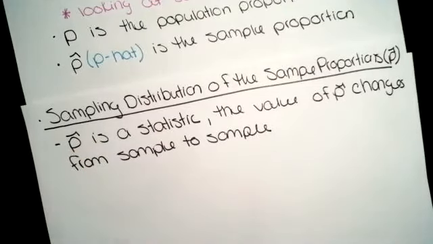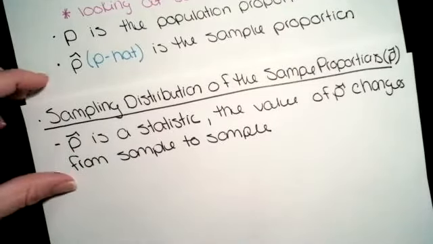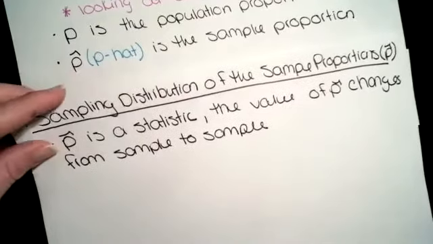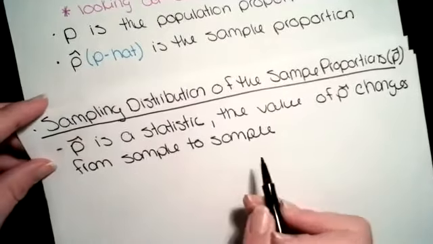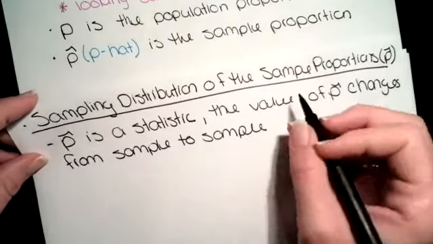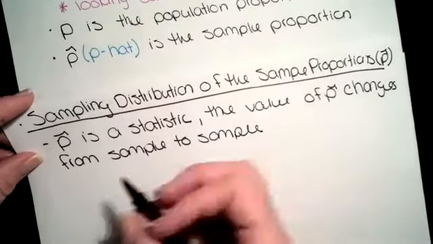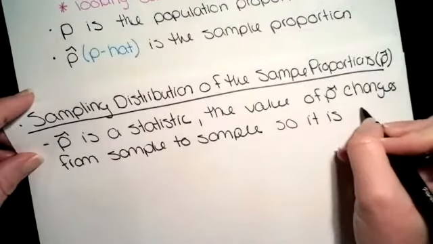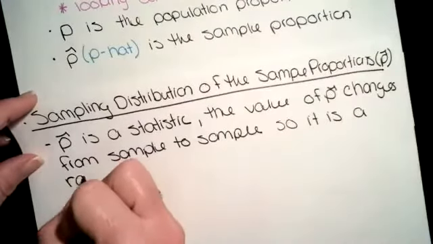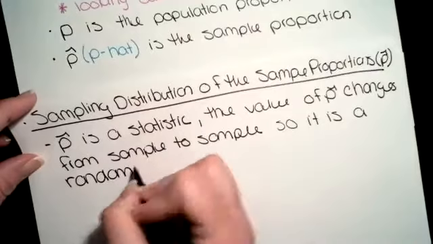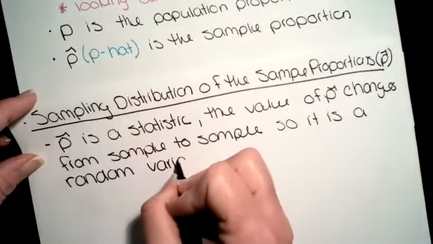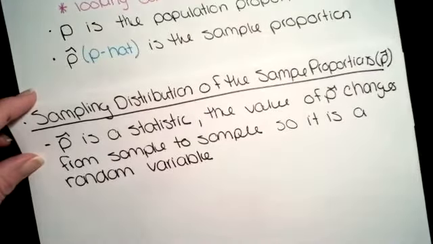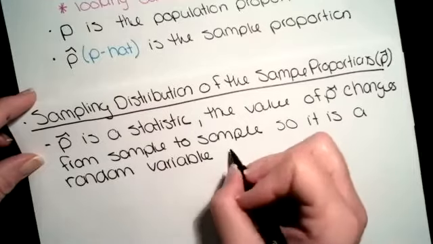Because I'm going to have a different number of people answering yes to the question that they have blue eyes. So since it changes from sample to sample, it is a random variable. And since it's a random variable, it has a probability distribution.